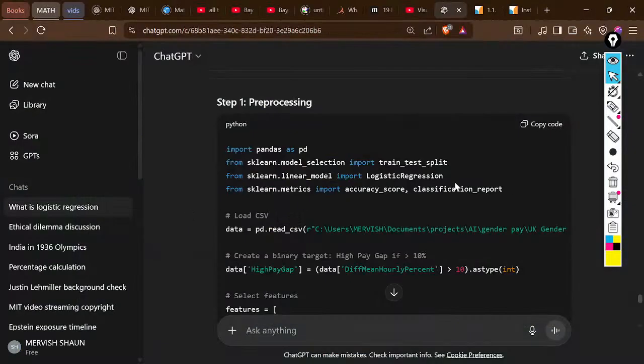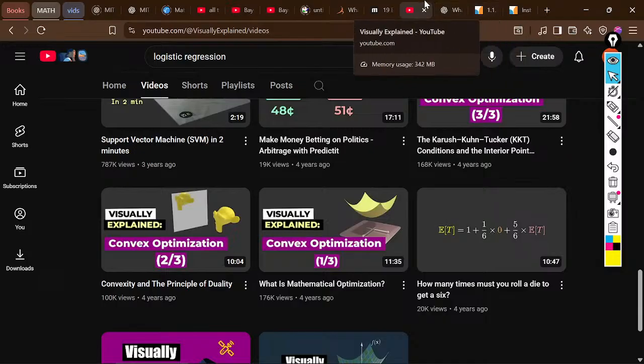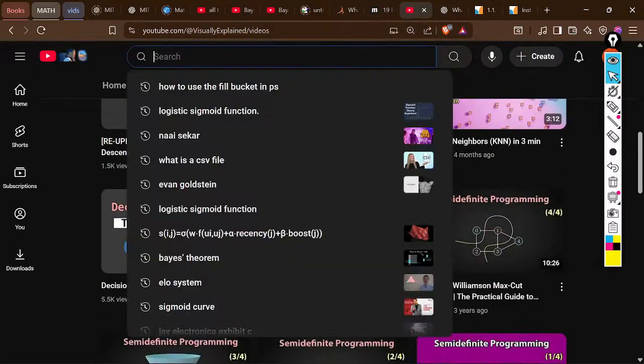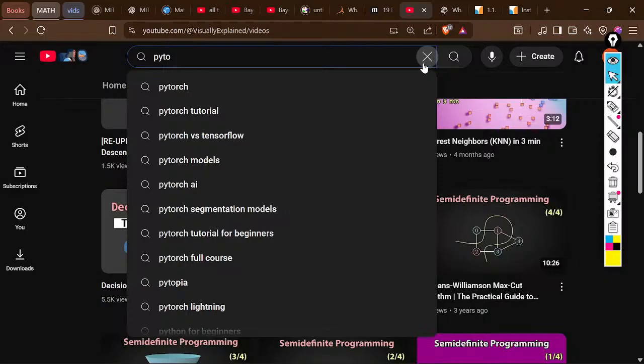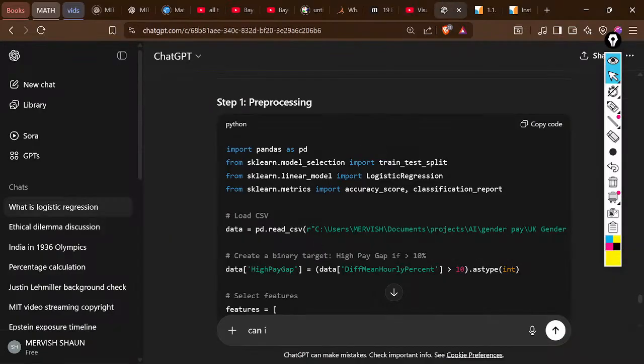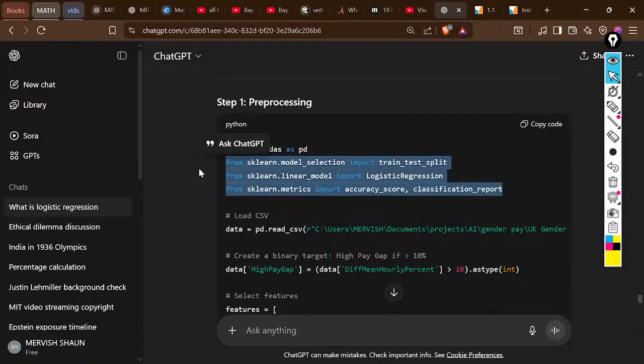So I'm gonna use scikit-learn. Oh, can I use PyTorch? Can I? What are the tools actually? Whatever, I'm just gonna do whatever is in front of me.